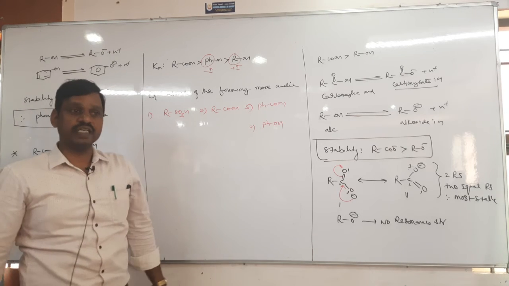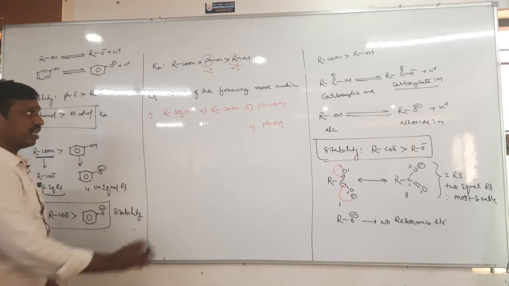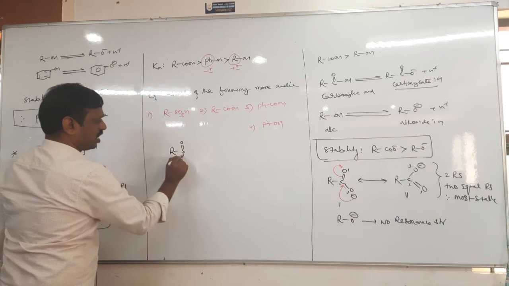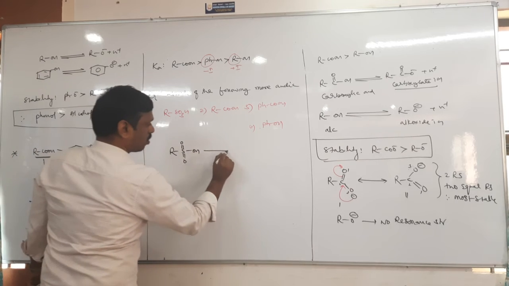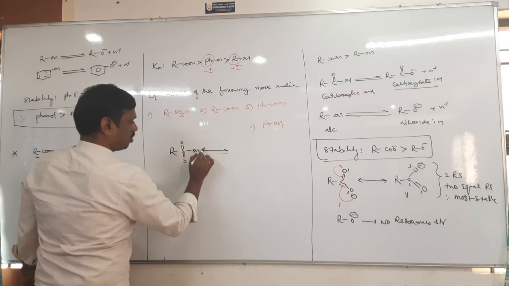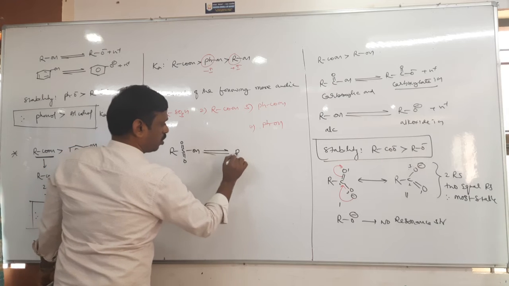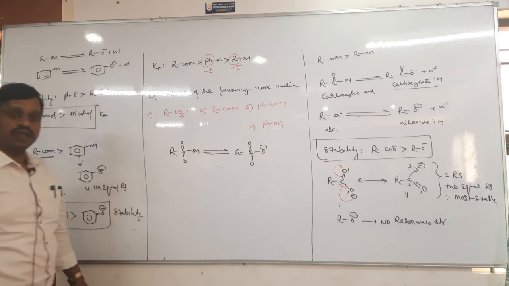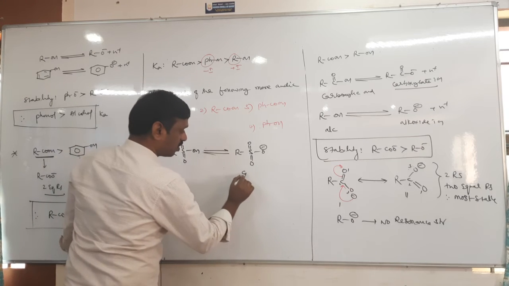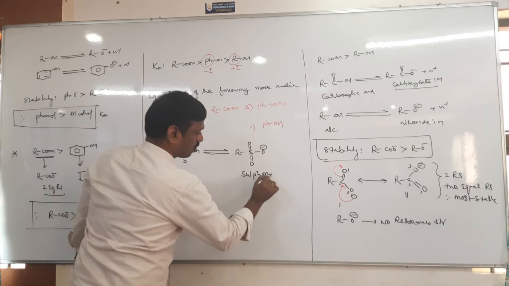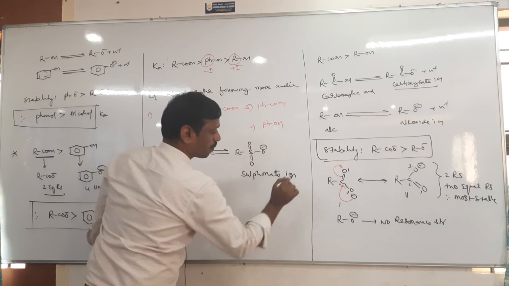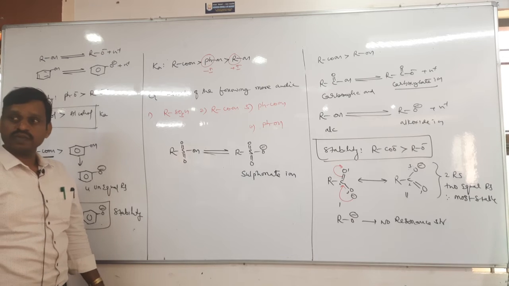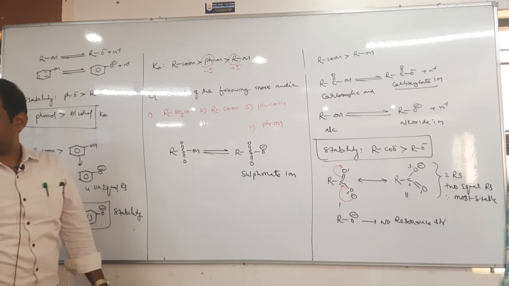But now there is sulfonic acid. So we need to understand, for everything the same concept applies. The sulfonic acid structure is like this. It undergoes dissociation and gives rise to the sulfonate ion, called alkyl sulfonate. Tell me, how many resonance structures can the sulfonate ion form? It forms 3.